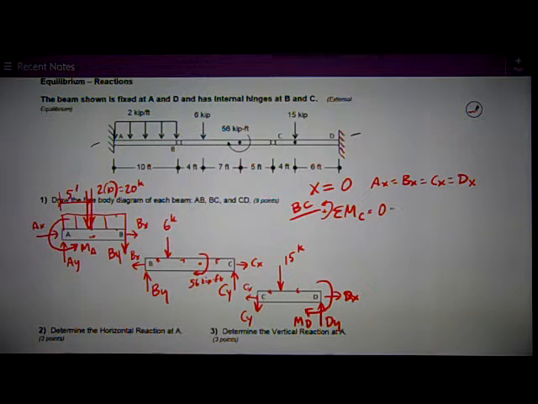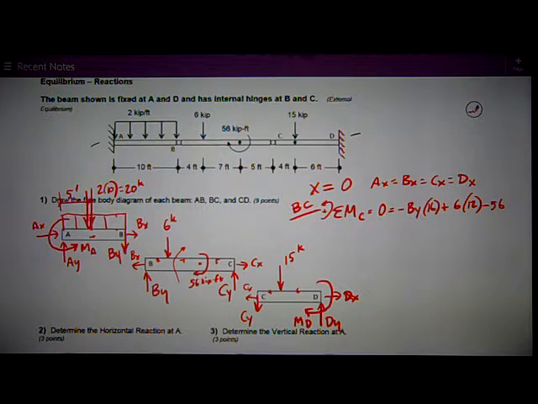I've got 0 is equal to negative BY, negative for rotation because it's trying to rotate clockwise about point C, times 16 feet, the total length of that BC member, plus 6 times 12, the 6 kip force, times the 12-foot distance to C. Then I've got the 56 kip foot moment. It's trying to rotate clockwise, which is negative by my sign assumption.